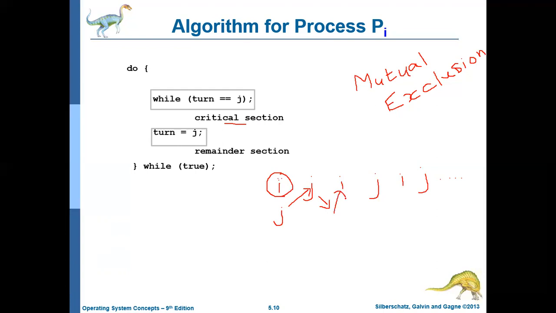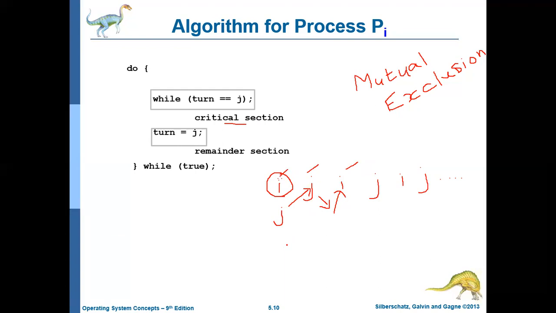So this is the problem with this particular algorithm. It strictly follows this order, that first i should execute the critical section, then j, then i, then j, or it follows ji, that order. It is not that every process always wants to enter the critical section.